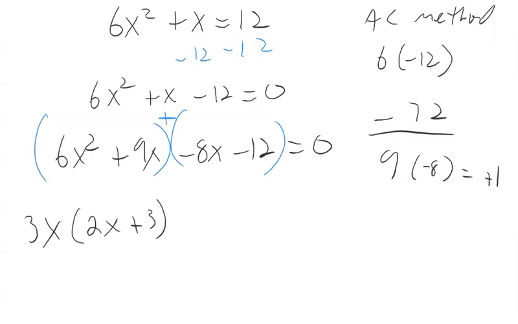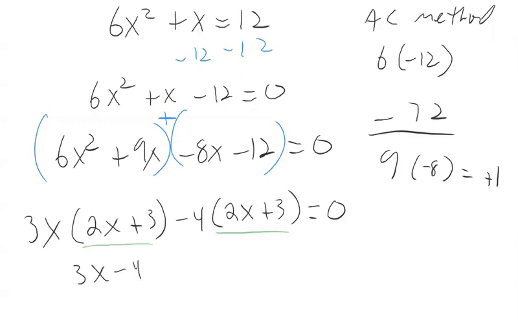My next one would be a negative 4, which leaves me a 2x plus 3. Remember, these two things have to be identical, which they are. Don't forget to write the equals 0, because it does equal 0. Then I finish grouping, and I get 3x minus 4 times 2x plus 3, all equals 0.